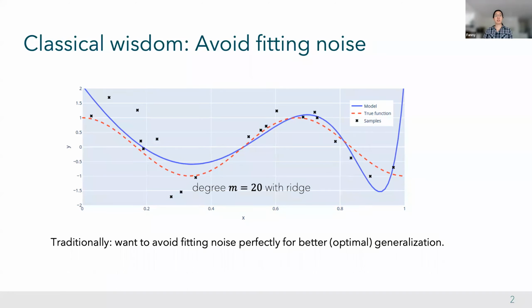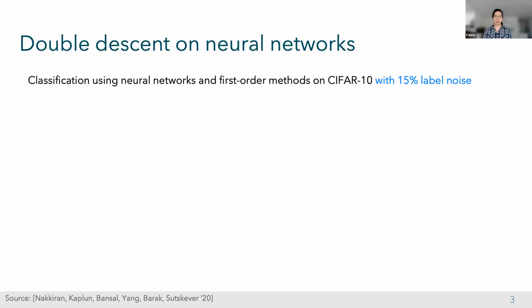So let's look at very flexible functions in modern machine learning and what people actually observe there. What are very complex models in modern machine learning? One very prominent example is of course neural networks. So let's look at classification using neural networks, where we train a neural network on image data to which we artificially add label noise.